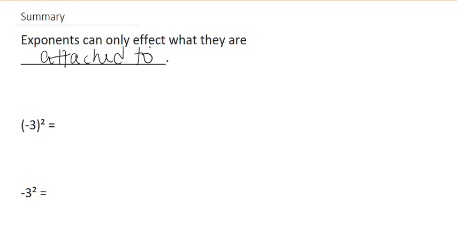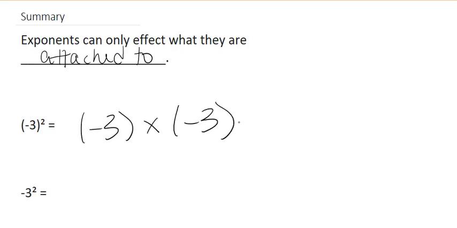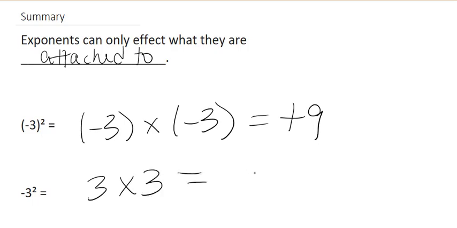So, to solve the first one, we would be multiplying negative 3 times negative 3. This is equal to positive 9 because we have two negative numbers that are being multiplied. However, in the next example, the exponent is only attached to the 3 and not the negative sign because it's not in parentheses. So this really means we have 3 times 3, which is 9.